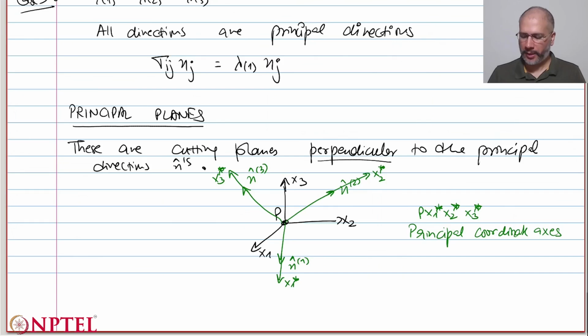As we said, the physical quantity sigma is not affected by the choice of the coordinate system, in the sense that physically it stays the same, except that the mathematical representation of sigma will change. So nothing stops us from choosing to work in the green coordinate system, that is the starred coordinate system or the principal coordinate axes.